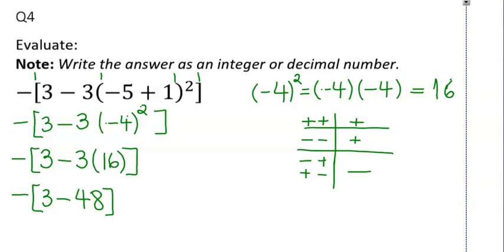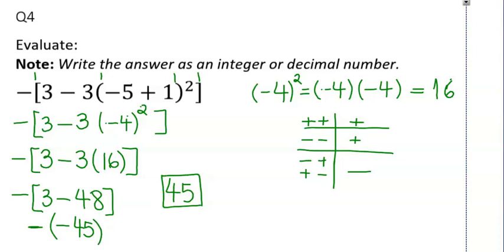I subtract the numbers and keep the sign of the bigger number: negative 45. But there is a negative here that I carry over since the beginning. So my final answer is the number 45, positive, because a negative with a negative makes a positive.